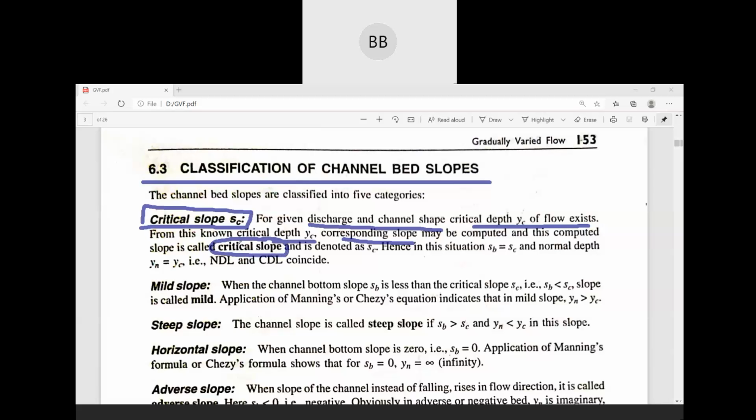Slope at critical depth is denoted by SC, and hence in this situation your bed slope is your critical slope, and your normal depth is equal to critical depth YC. So the depth of flow is critical at this time, and if you find out the slope, that is called your critical slope.